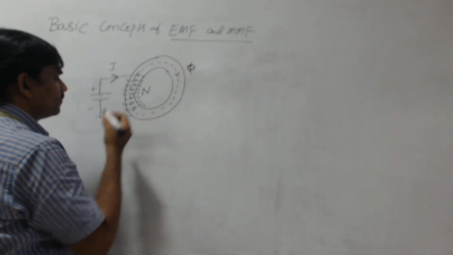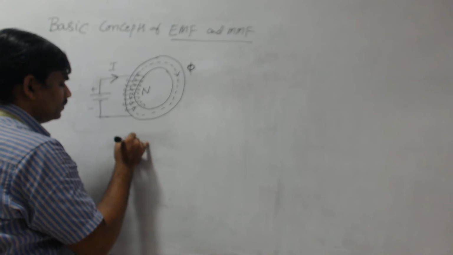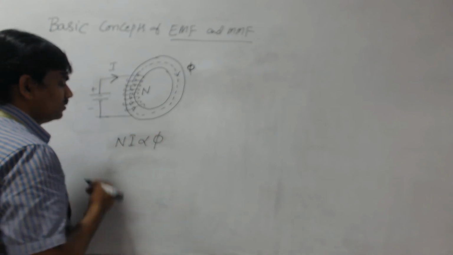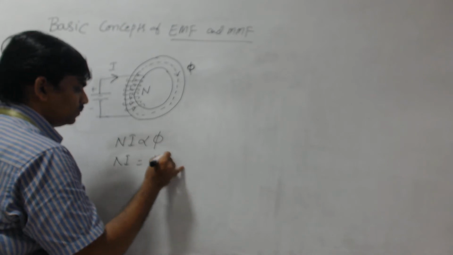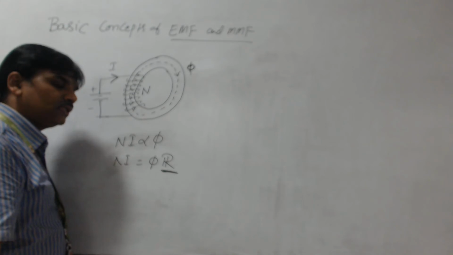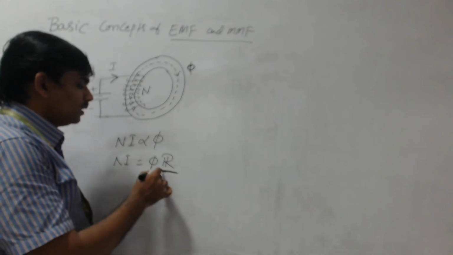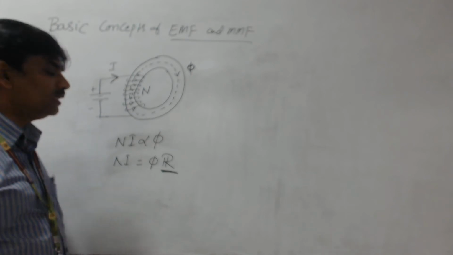Here the cause NI is proportional to flux, but NI is equal to flux into reluctance. This is a new word I am using. This is called reluctance.